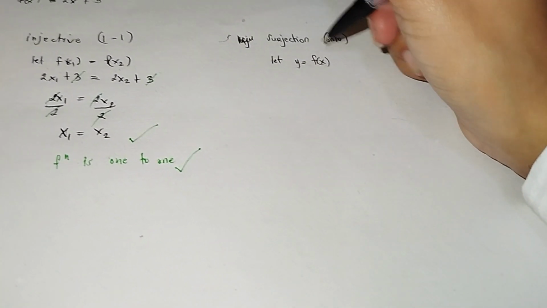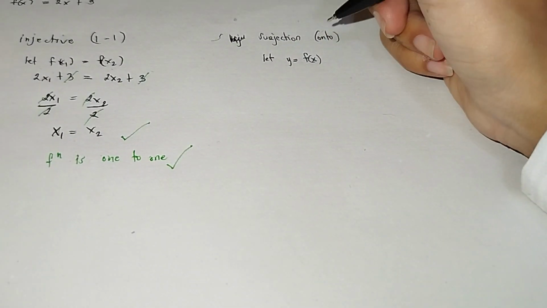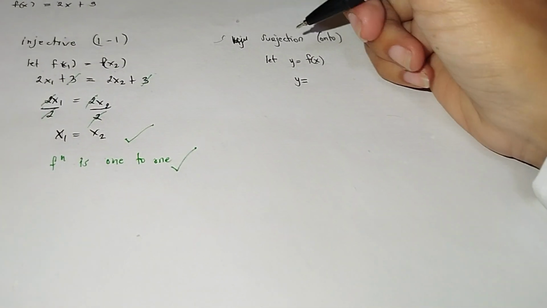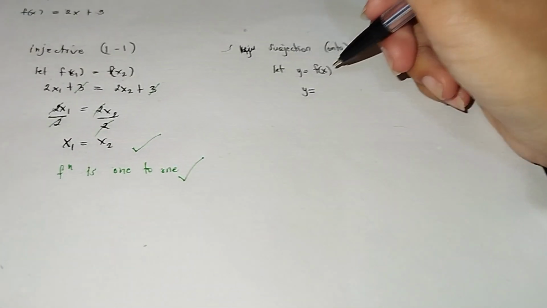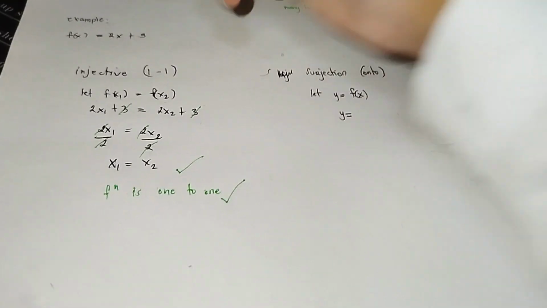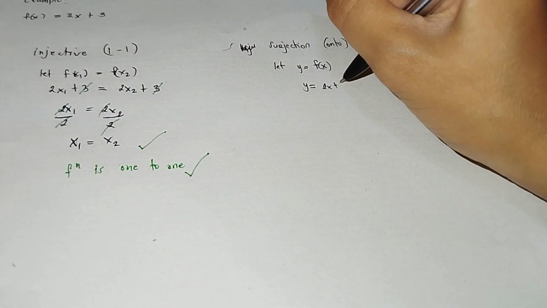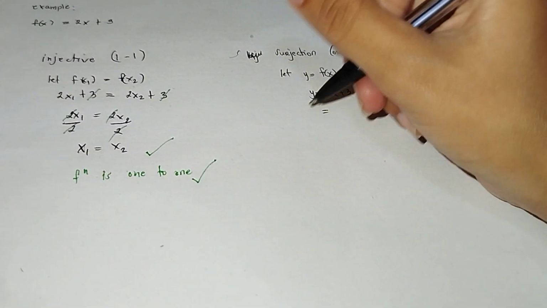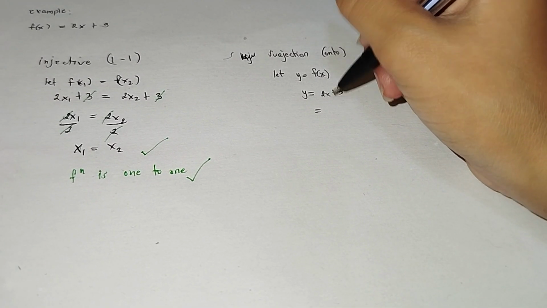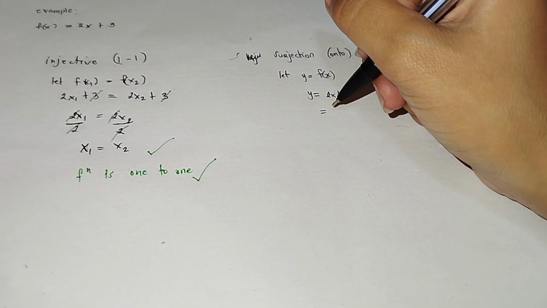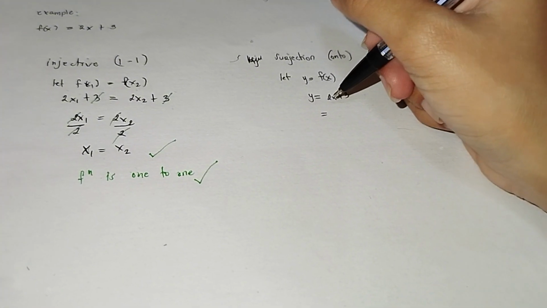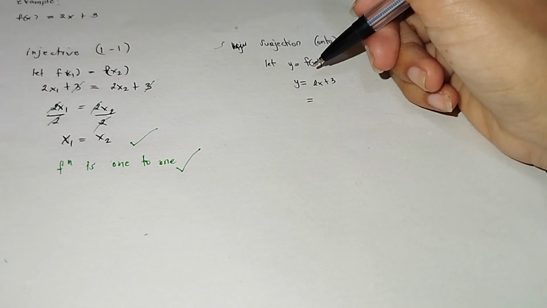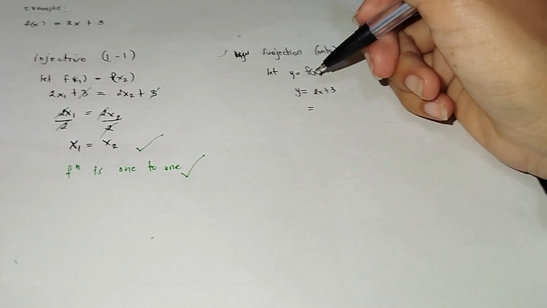Let y is equal to f of x. The value of our f of x again is 2x plus 3. We will move it to the other side and bring the 2x to y, so that we can cancel the value of x. What we are looking for is the value of x, which automatically becomes the inverse.